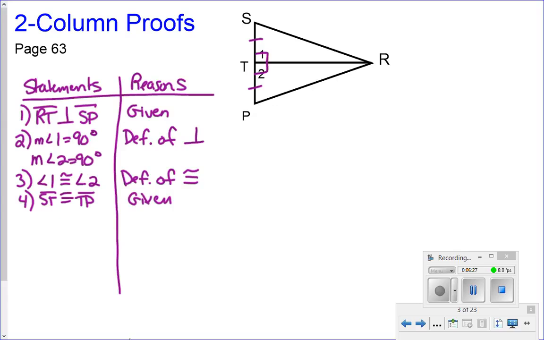And then I'm looking to see, do I have enough information to prove the triangles are congruent? Not quite yet. I only have 2 pieces of information. I have 2 options at this point.